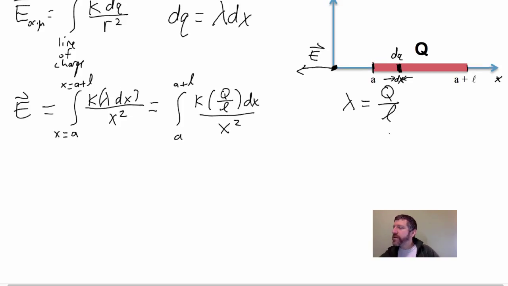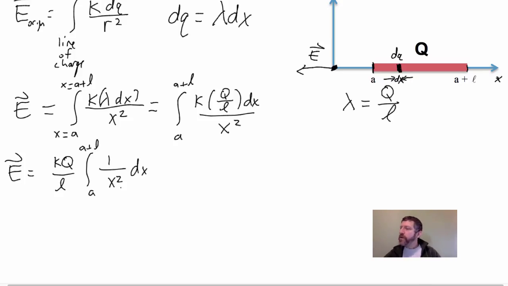That gives me E equals, I can bring out K, the total charge Q, and the length L, and all I'm left with is the integral from a to a plus L of 1 over x squared dx.